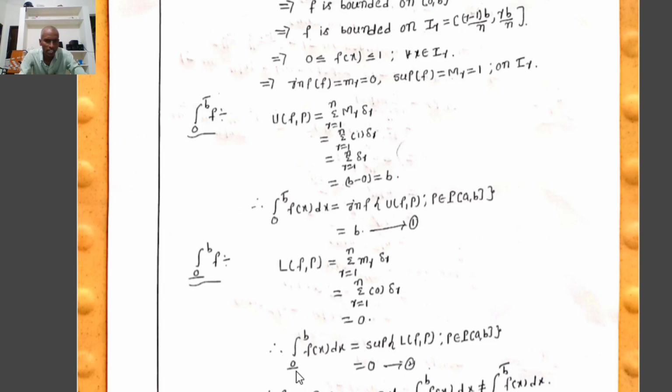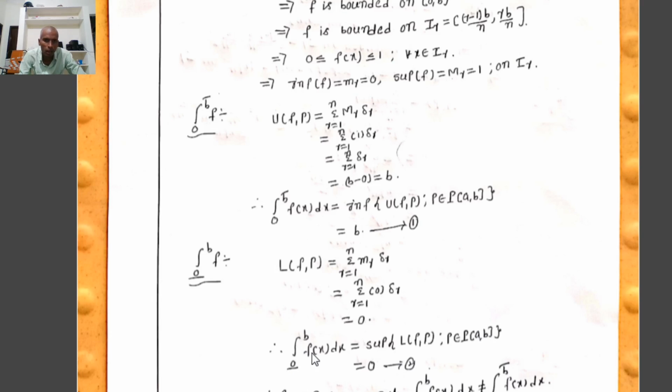Therefore, by definition of the lower Riemann integration, the lower integral from a to b of f(x) dx equals the supremum of L(f,P) such that P belongs to the set of partitions of the closed interval [0, b]. That is the supremum of the set of all lower Riemann sums, where L(f,P) for any partition must be equal to 0.